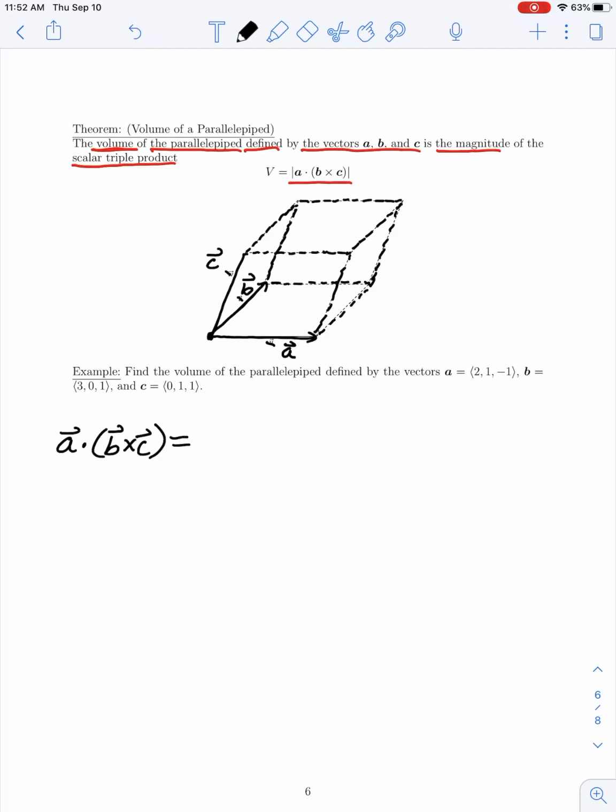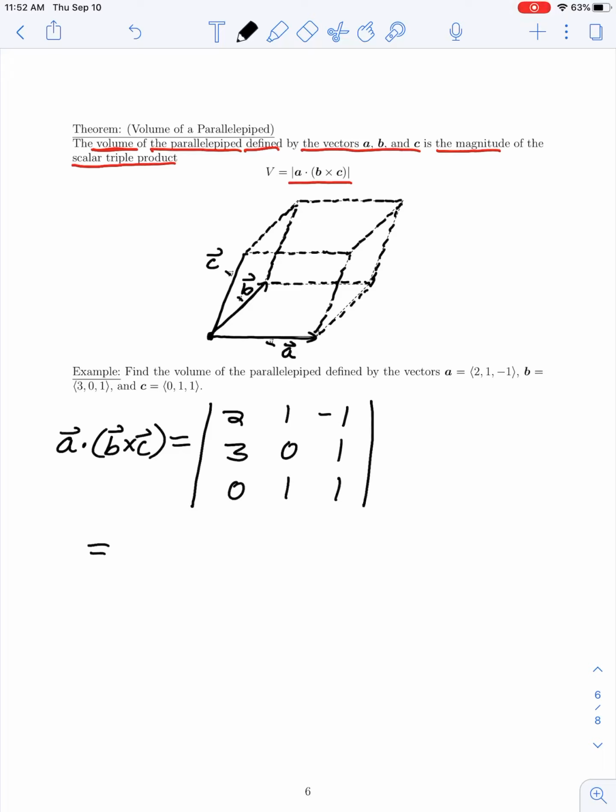which, using the previous theorem, can be calculated as the determinant of a 3 by 3 matrix whose first row is the vector A, 2, 1, negative 1, whose second row is B, 3, 0, 1, and whose third row is C, 0, 1, 1.